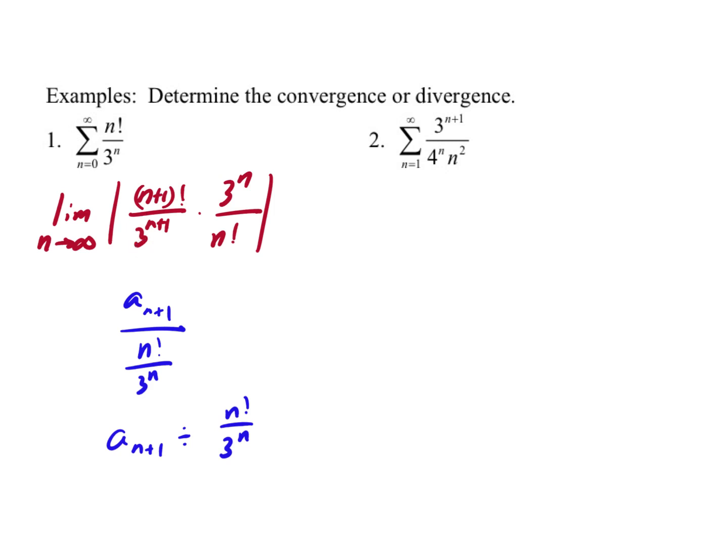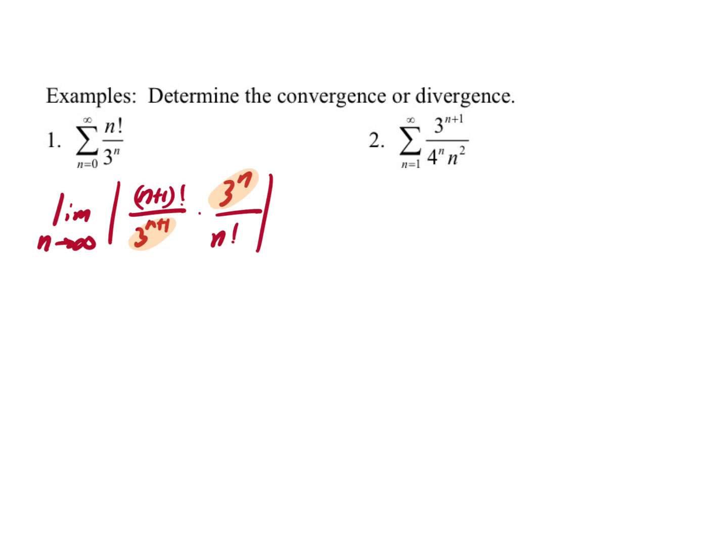Here's where it gets a little bit tricky. I'll show you how to do this. I'm obviously accustomed to doing this, so it's going to be a little trickier for you. I have 3 to the n on top and 3 to the n plus 1 on the bottom.